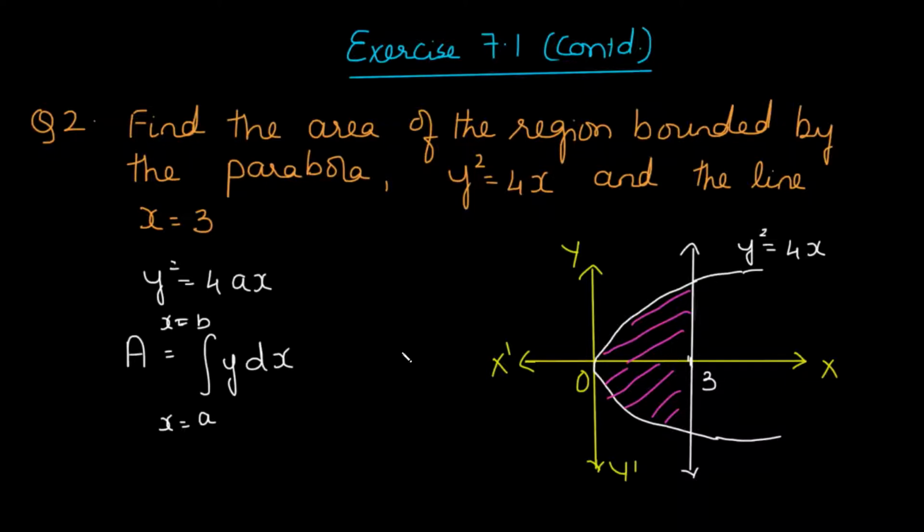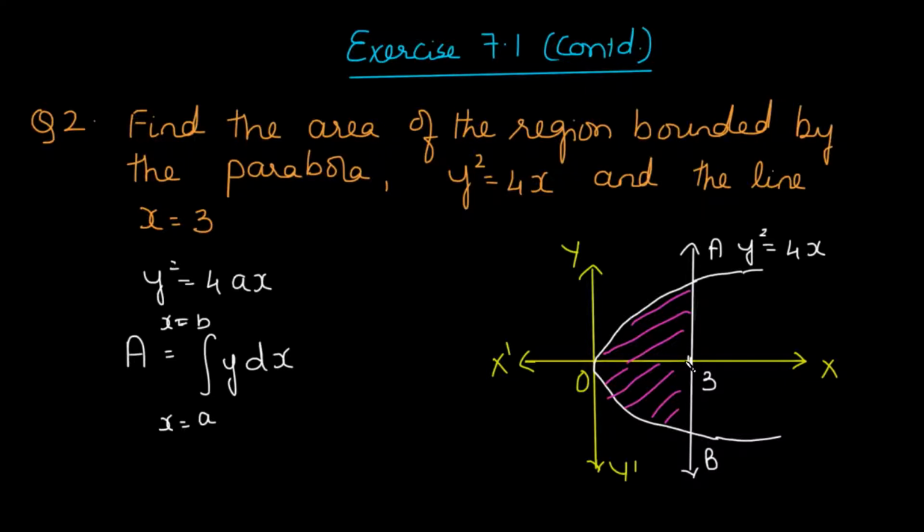When we apply this formula, actually what we will find is the area of only this upper region, the region which is lying in the first quadrant. When we double it, we get the required area. I hope you understood the sum that is there. Okay. So for the required area, suppose I name these lines as AB. This is line AB.